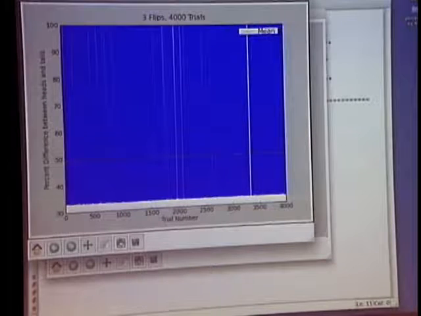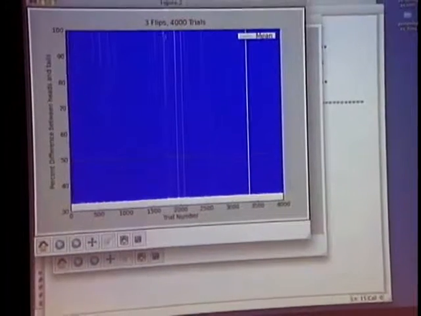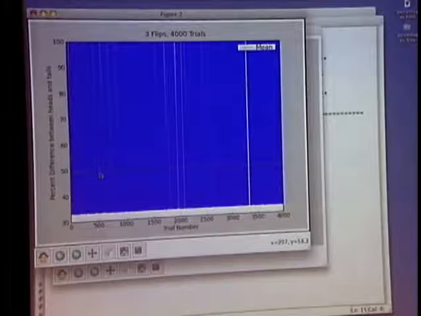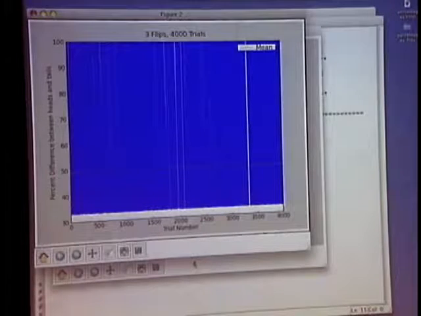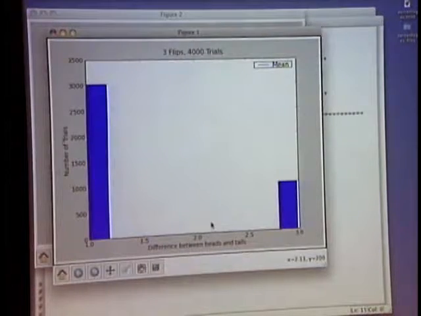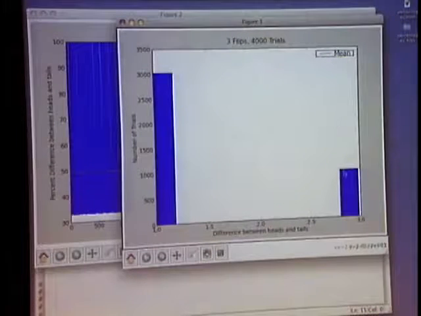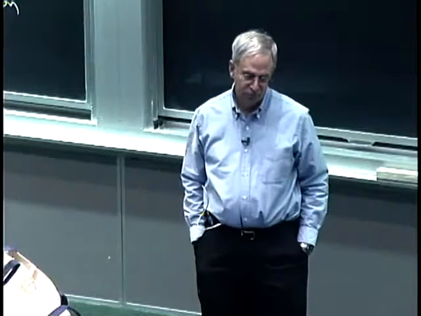Well, that's kind of hard to read. It's pretty dense. But we can see that the mean here is 50. And this is a little easier to read, that this tells us how many times the difference will be 0, 3,000 out of 4,000. Is that right?